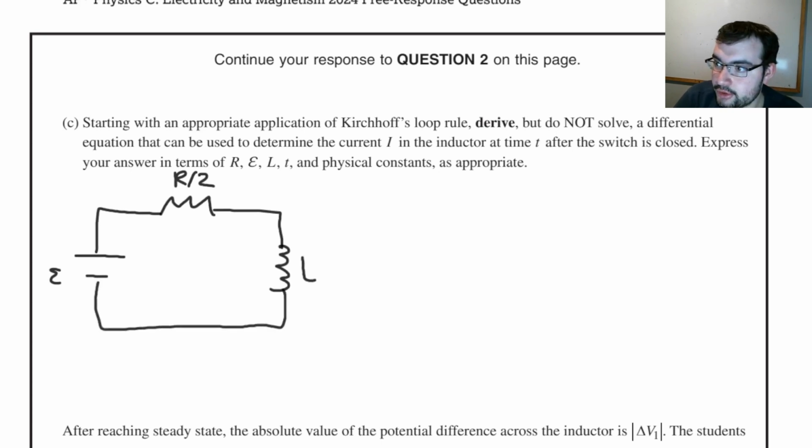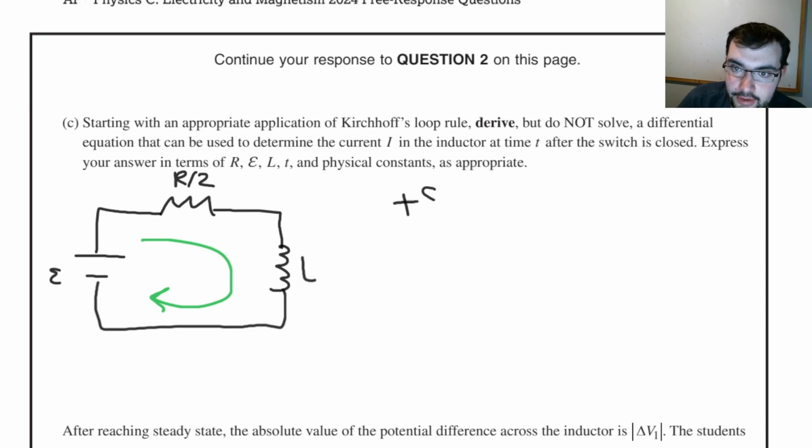Okay, so loop rule. Well, here's the loop. We know that the loop rule says all the voltages have to sum back to 0 when we make it all the way around. So if we go this way, first we gain the battery EMF. Then we lose some EMF. We drop potential going downhill through the resistor. Then we drop some more voltage across the inductor.